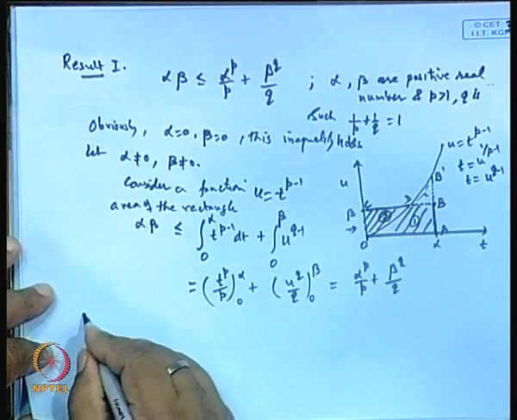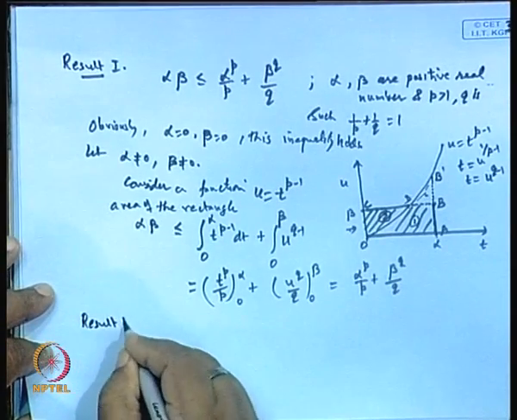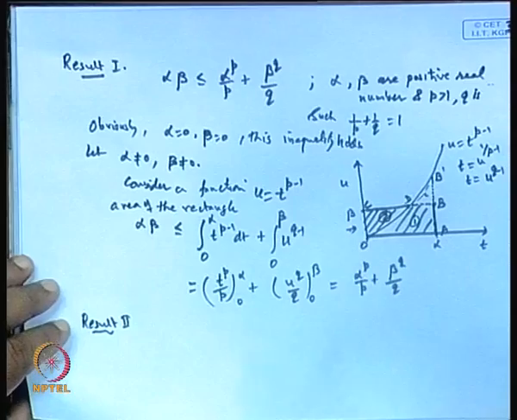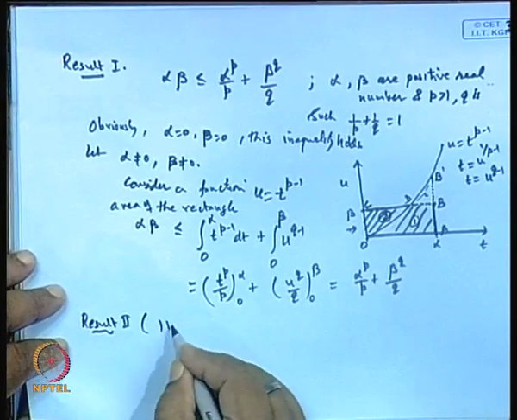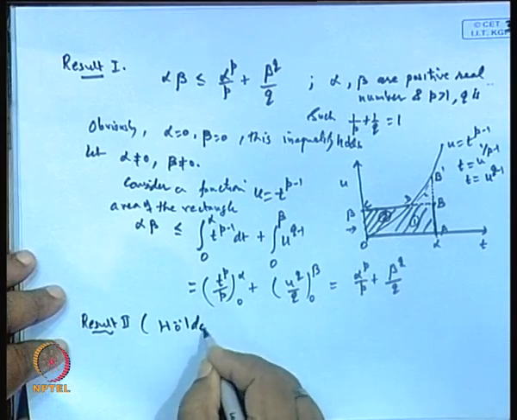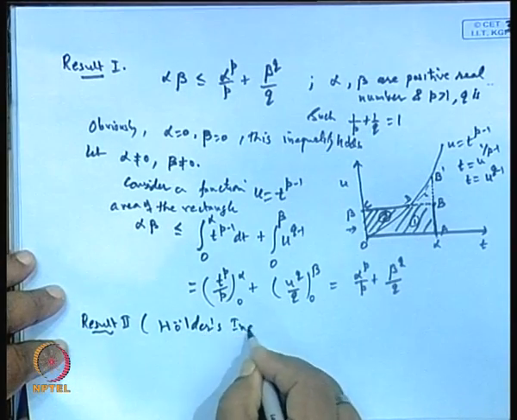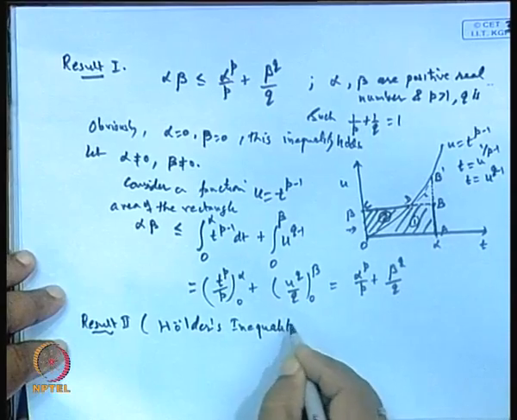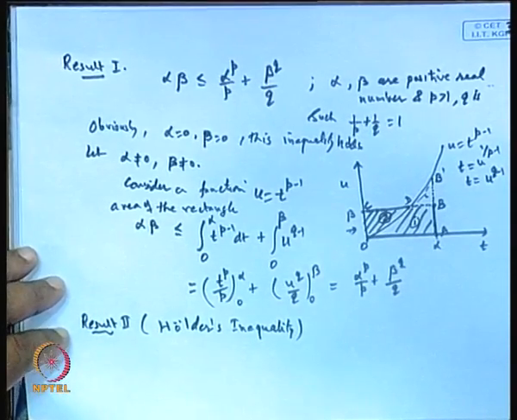The second result, which we also call Holder's inequality. What is this?